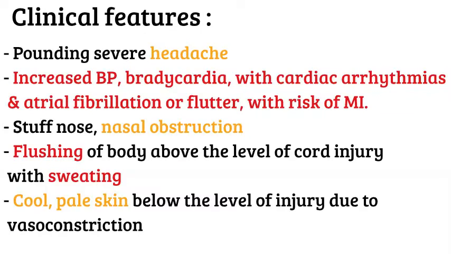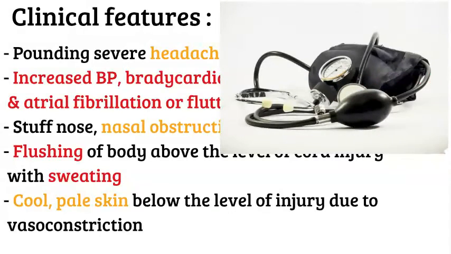Stuffed nose, nasal obstruction. The patient will have flushing of the body above the level of the cord injury with sweating. Cool, pale skin below the level of injury due to vasoconstriction.